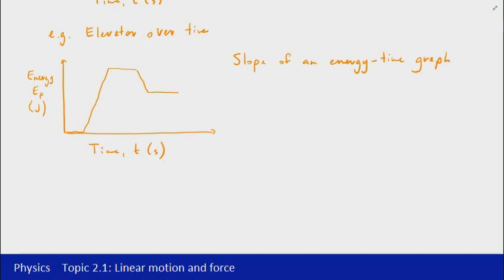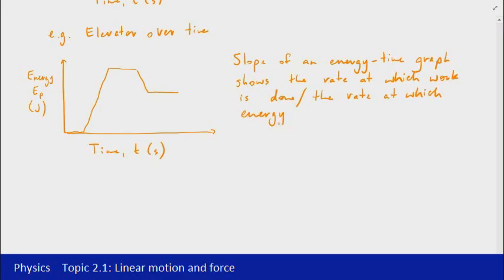So the slope of an energy time graph shows us the rate at which work is being done, so it shows us either the rate at which work is done or the rate at which energy is used. Now both of those ideas lead us to another property that is known as power.